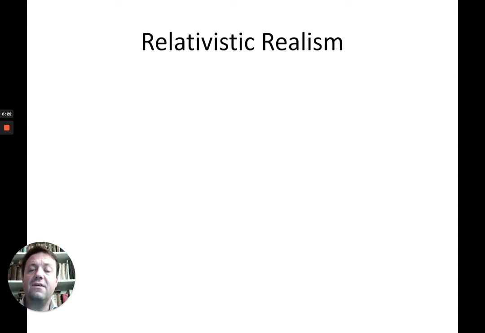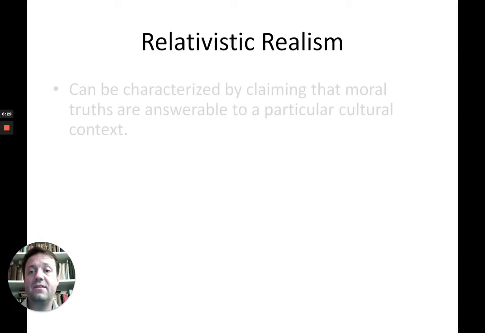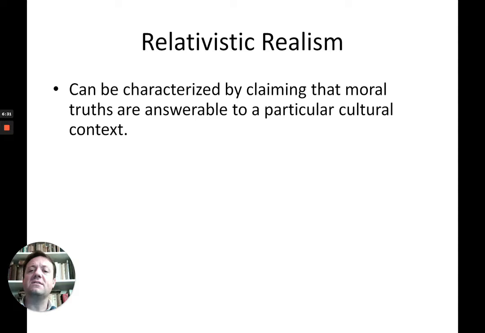There are, of course, forms of what is known as relativistic realism. And relativistic realism can be characterized essentially by the idea that we can have a series of rules within a culture to which we can appeal to say whether something is right or wrong.